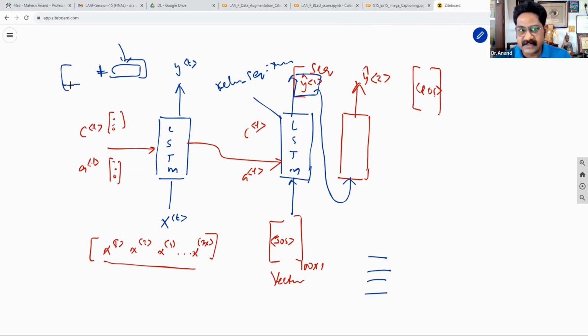Whatever new value is predicted is appended and fed as an input, and it produces the next one. So in case you don't specify return sequence true, you can still achieve this manually, because remember that at one point of time, this is going to produce only one token.